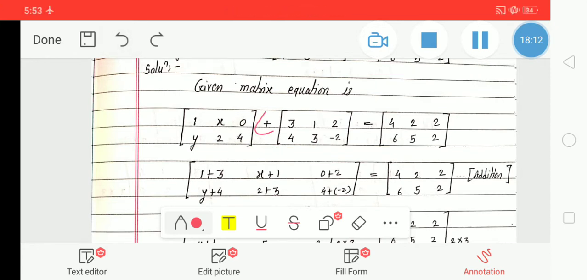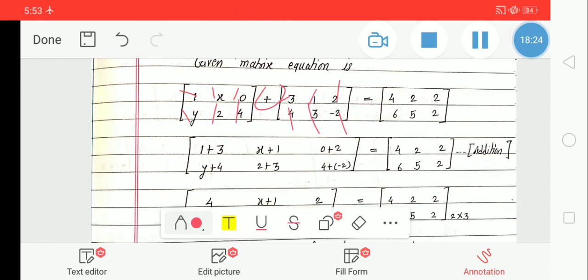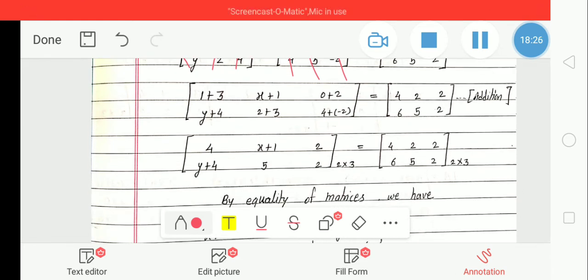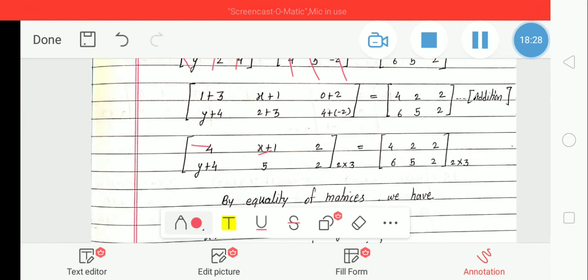Now we apply addition: 1 plus 3, x plus 1, 0 plus 2, y plus 4, 2 plus 3, 4 plus minus 2. So now the value is 4, x plus 1, 2, y plus 4, 5 and 2.